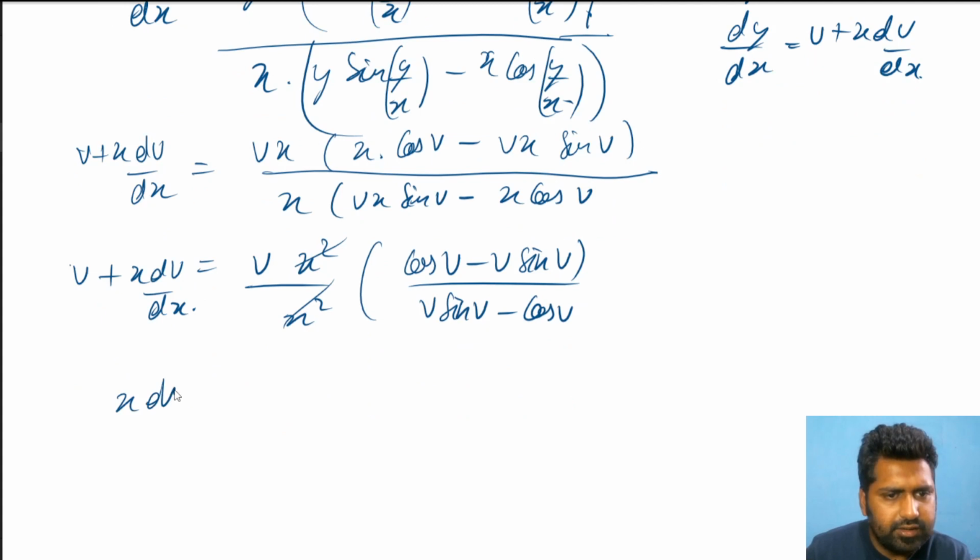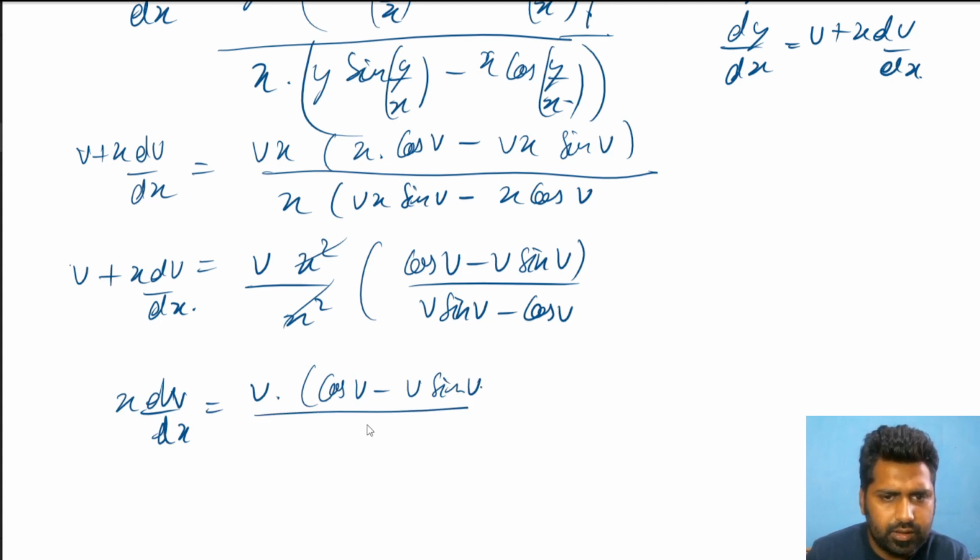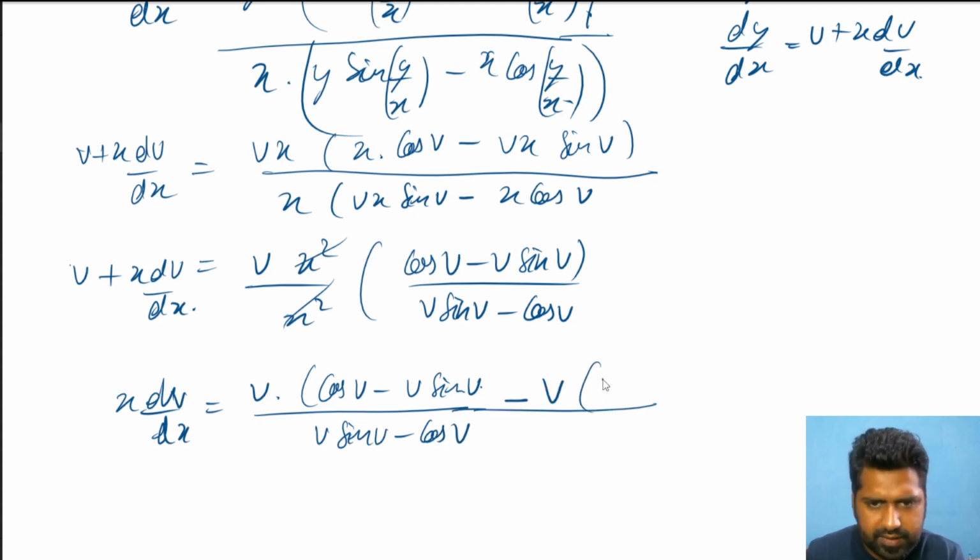Now x dv by dx is equal to v into cos v minus v sin v upon v sin v minus cos v, with subtraction of v. So if we take the LCM, this will be multiplied by v sin v minus cos v.